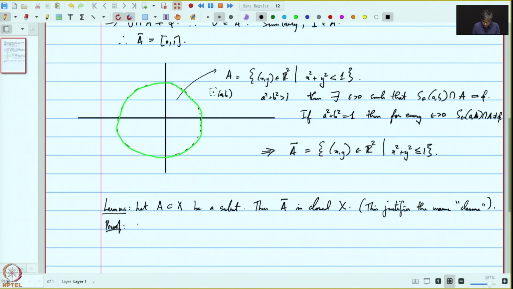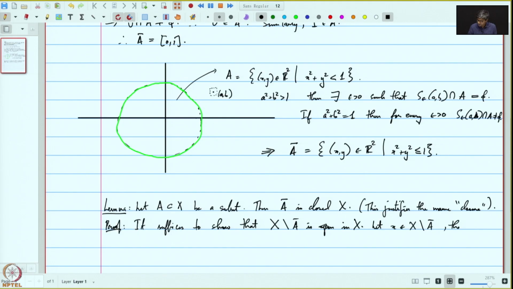So it suffices to show that X minus A closure is open. Right, the definition of a closed subset was that the complement should be open. So that's what we are going to show, that the complement is open. So let x be an element in X minus A closure. That is what this means, that x does not belong to A closure.